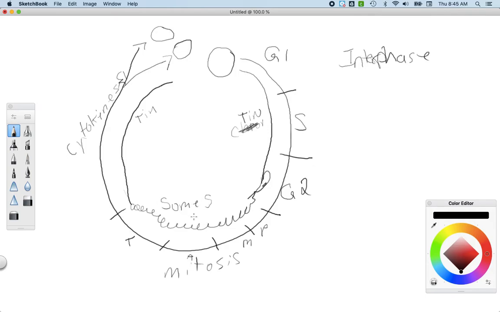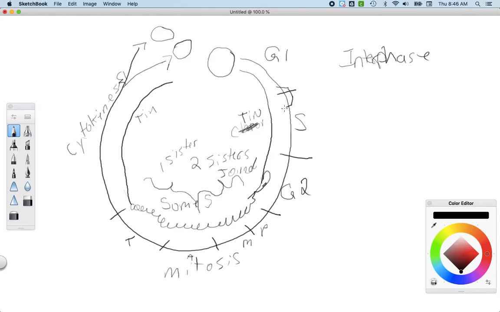And those chromosomes in prophase and metaphase were two sisters joined, and in anaphase and telophase they were one sister chromatid.